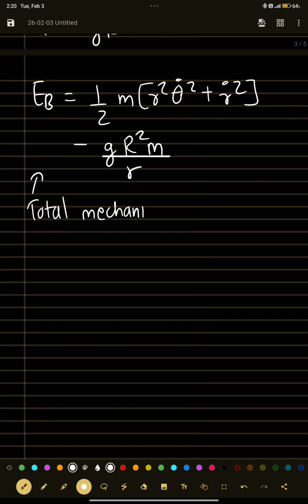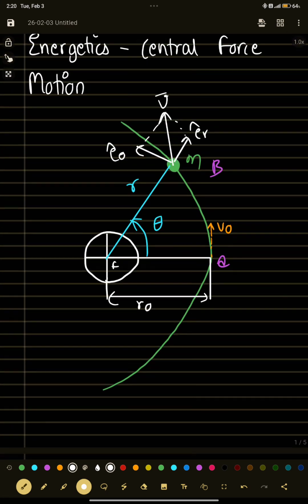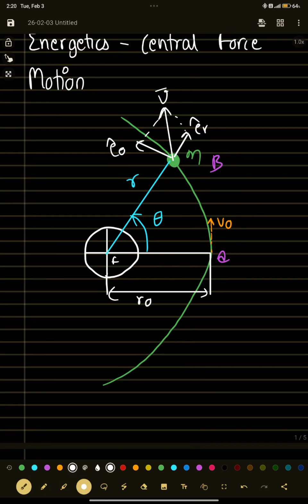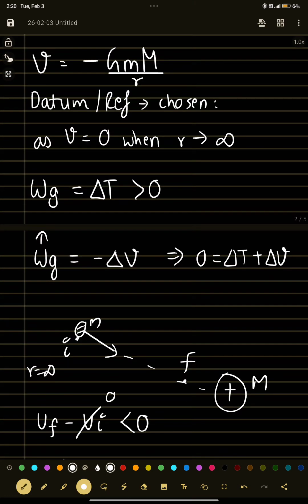Now after the burnout, after it has started from A, this is the free flight, right? और free flight में conservation of energy is at your service and conservation of momentum is also at your service. So you can conserve the total mechanical energy: at point A and point B it should be the same.